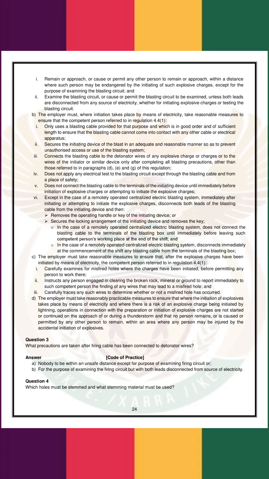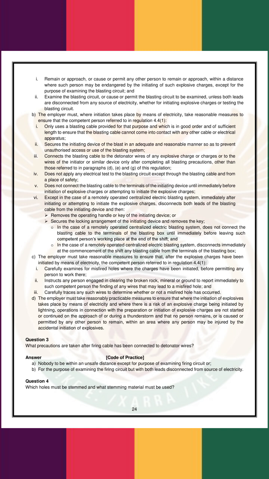Remain or approach or cause or permit any other person to remain or approach within a distance where such person may be endangered by the initiating of such explosive charges, except for the purpose of examining the blasting circuit, and 2. Examine the blasting circuit or cause or permit the blasting circuit to be examined unless both leads are disconnected from any source of electricity, whether for initiating explosive charges or testing the blasting circuit.